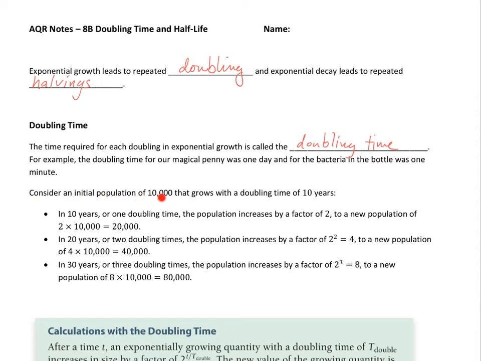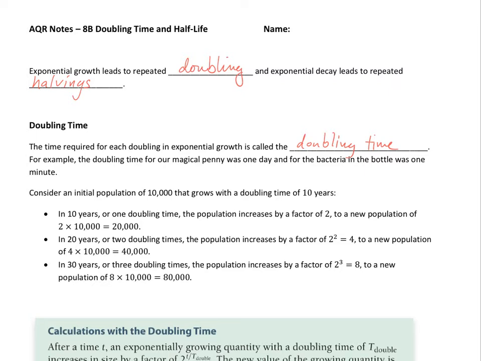Consider an initial population of 10,000 that grows with a doubling time of 10 years. In 10 years, or 1 doubling time, the population increases by a factor of 2 to a new population of 20,000. If you let the doubling time happen twice, in this case 20 years, it would double after the first 10 years and then double again after the second 10 years to 40,000.